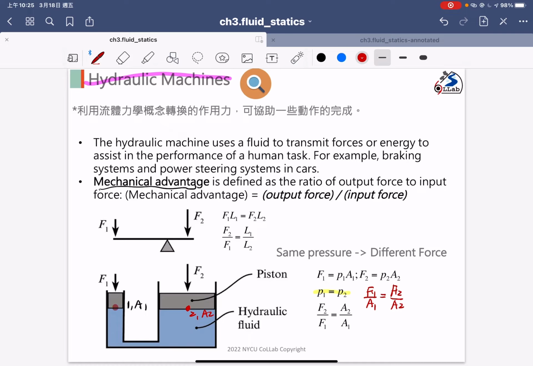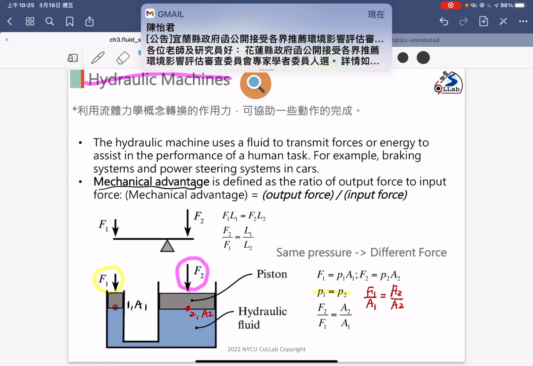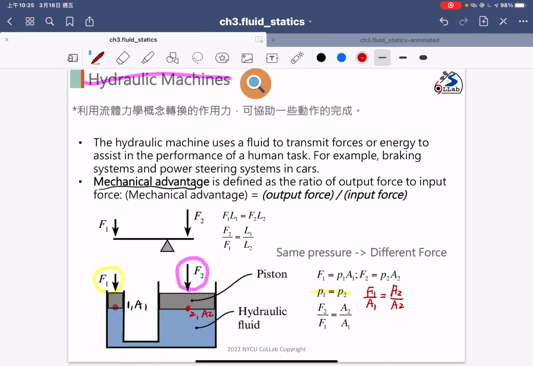This example tells you that if I apply a small force F1, then we can have a larger resulting force F2. The reason is that, based on the equation showing here, F2 is equal to F1 multiplied by the ratio between A2 and A1, right?